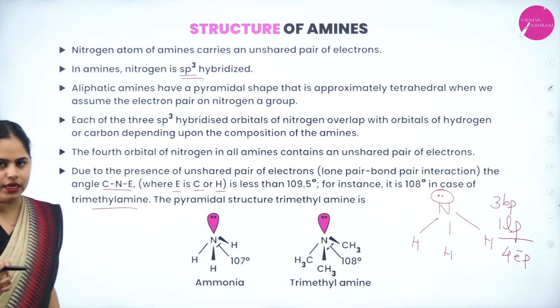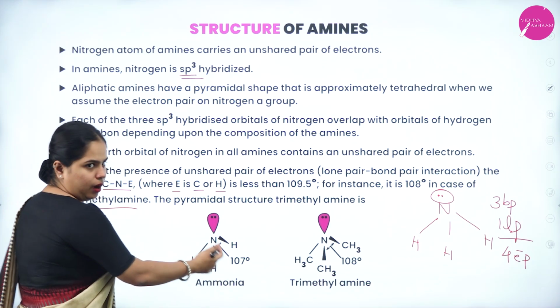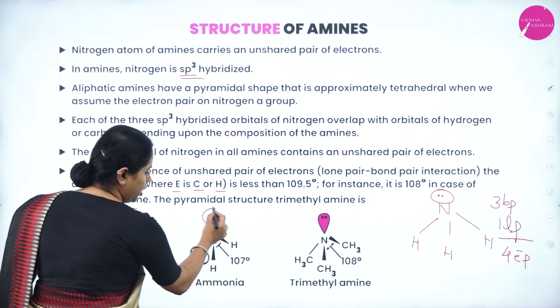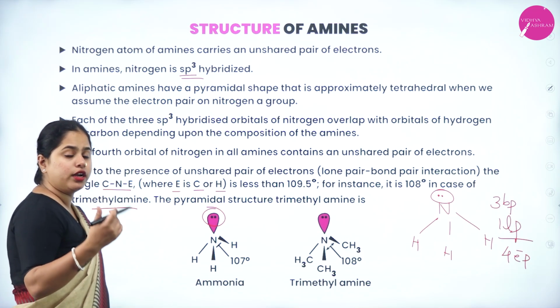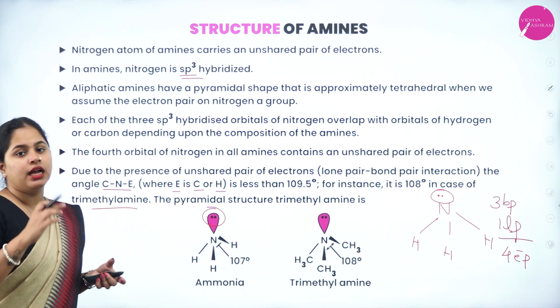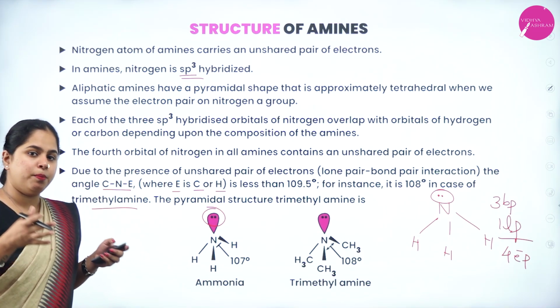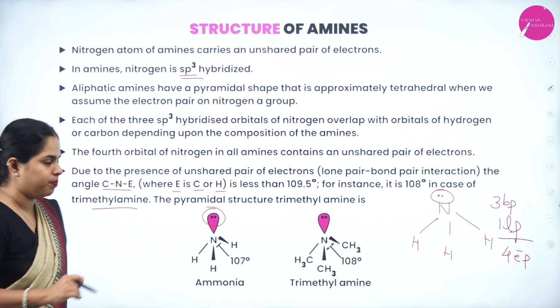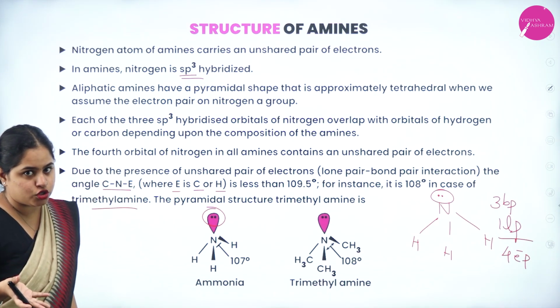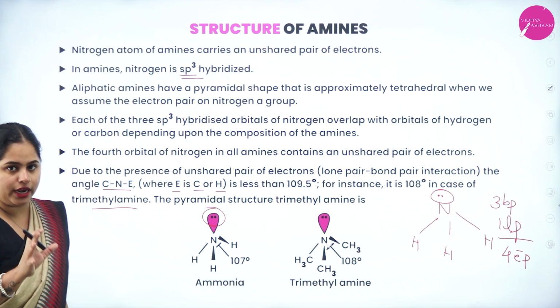So what is happening here is, as discussed, this is the ammonia structure, and you can see here this is the lone pair of electrons which is present. According to VSEPR theory, we have studied that there will be lone pair-lone pair, lone pair-bond pair, and bond pair-bond pair repulsion. So actually, it is supposed to be a tetrahedral structure because of 4 electron pairs.